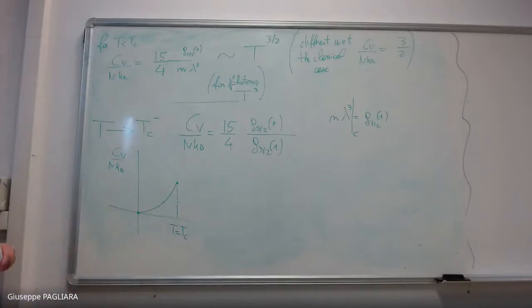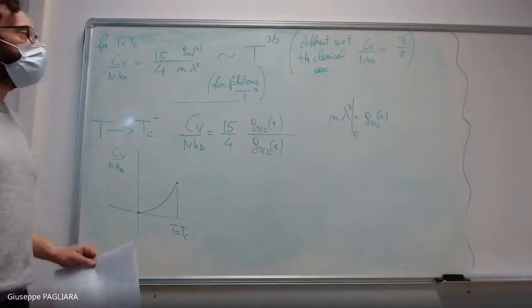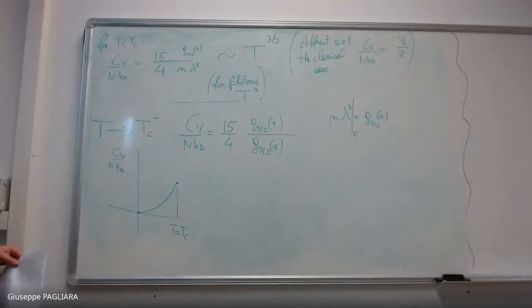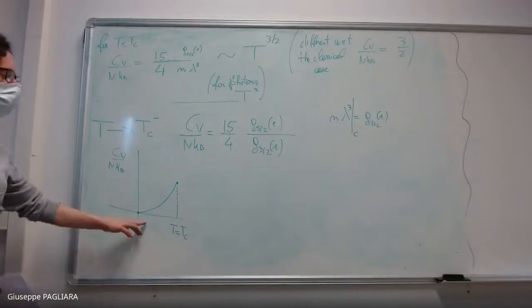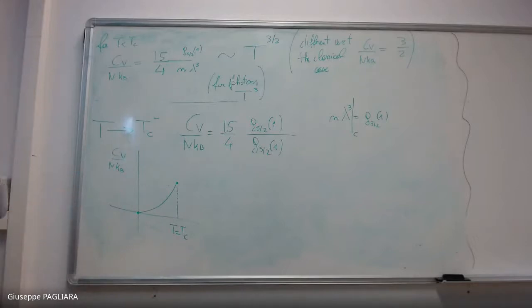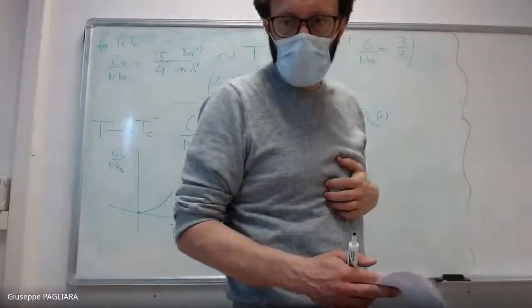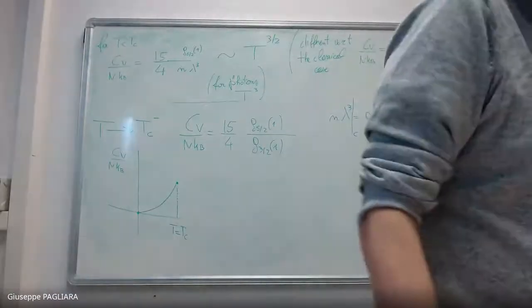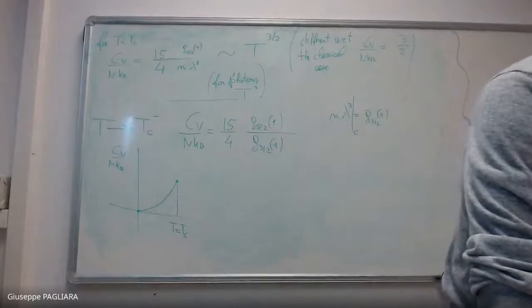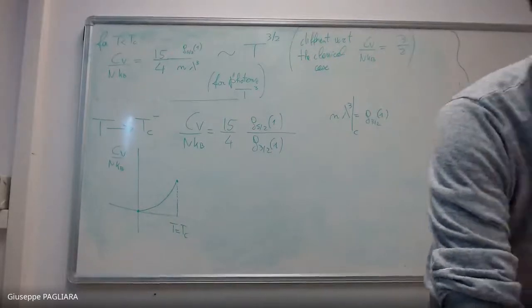So the first important point, of course, is that the specific heat per particle, when T is small, approaches 0, is vanishingly small, and it goes as T to the power of 3/2. So this is the quantum correction to the behavior of the specific heat.